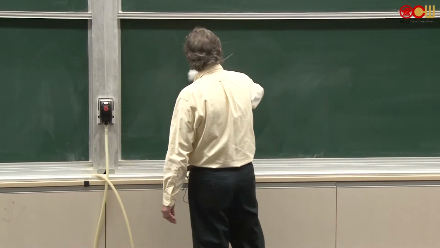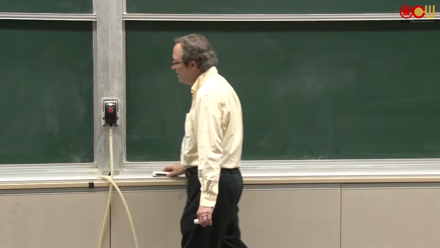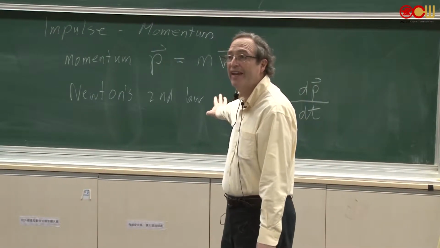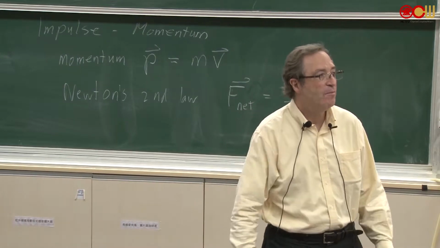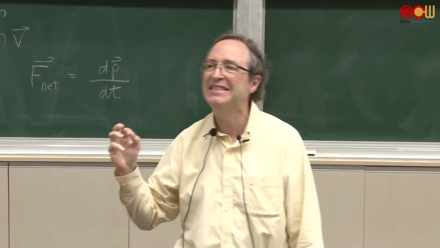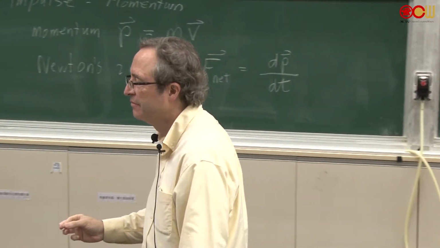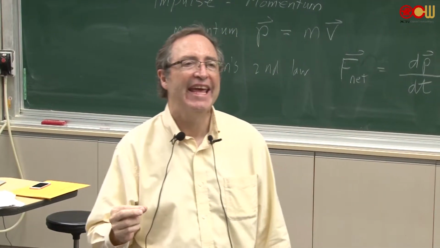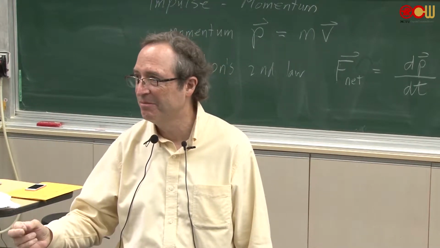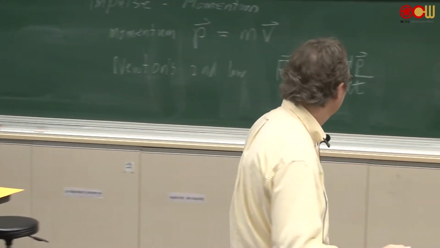Now what we want to do is, if you remember, the work kinetic energy theorem came from integrating that equation with respect to position. Now I want to integrate it with respect to time. Okay?